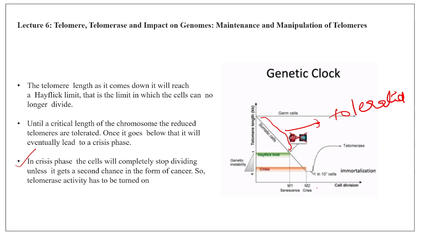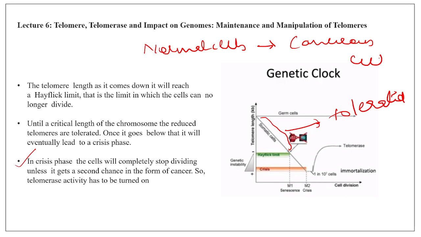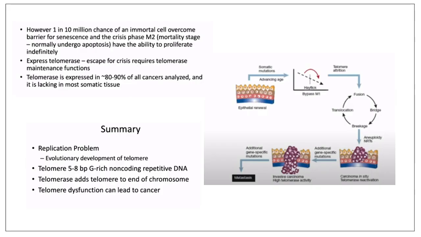And when immortalization of normal cells occurs, that means when your normal cells are converted to cancerous cells, at that time your telomerase activity is switched on again and cells achieve immortalization. Okay, this is the complete gist now.